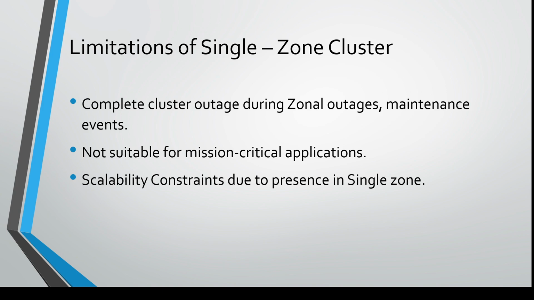Since you are hosted only on a single zone where Google doesn't have any further compute resource for the specific compute family you are using, you won't get any additional compute instances. So at that time you won't be able to scale the workloads that are part of this cluster. You will have such limitations if Google Cloud has usage levels at saturation and doesn't have any further compute to allocate to your additional provisioning request, right? So that's another limitation of a single zonal cluster.